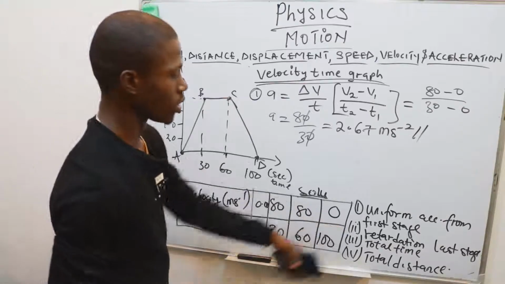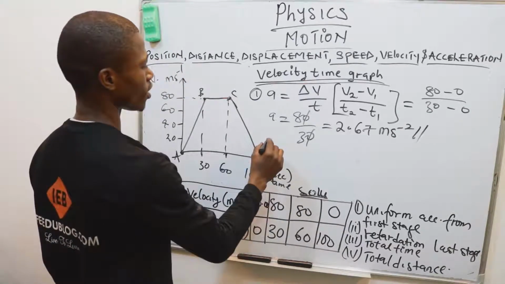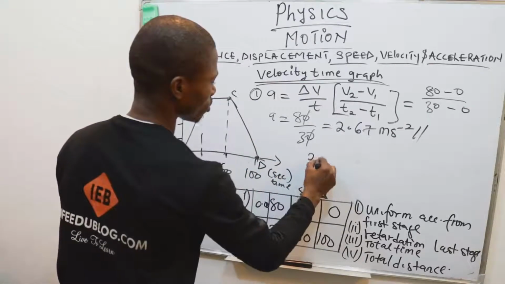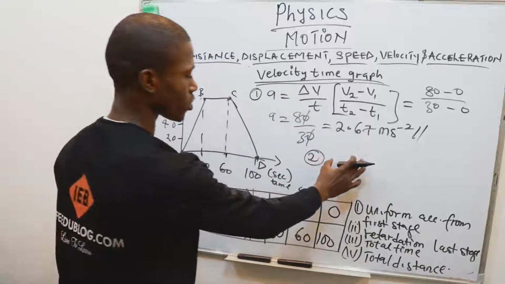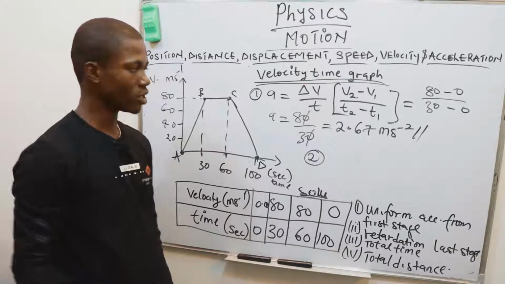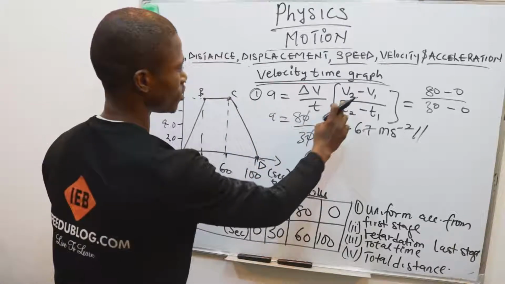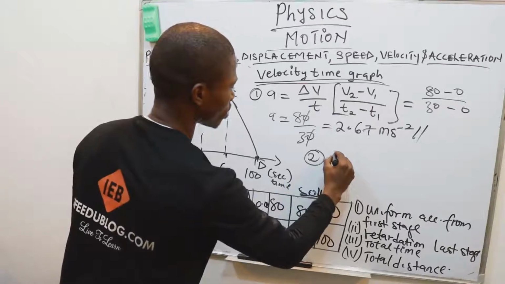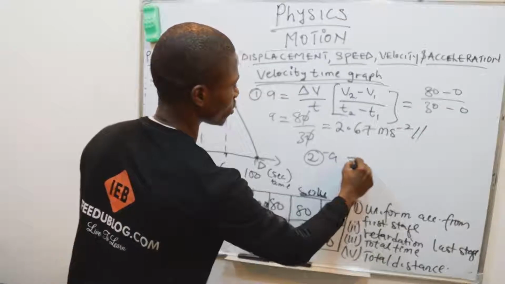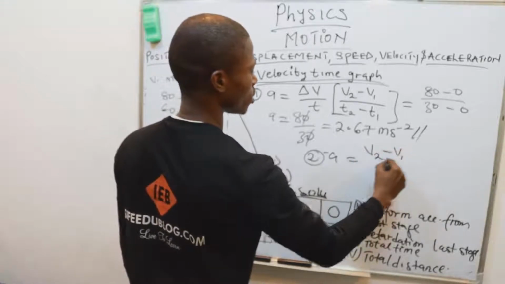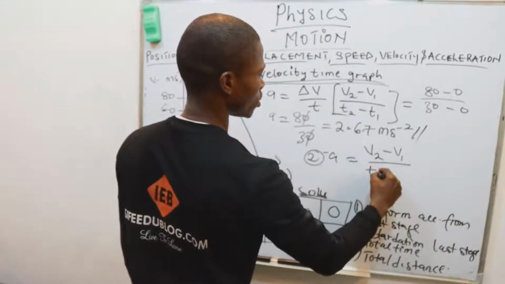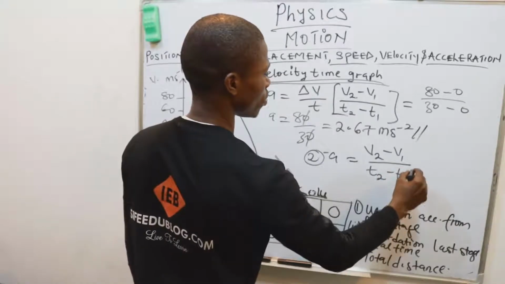We're also going to find our retardation, which is negative acceleration. The same way we did for acceleration, we are going to repeat the process for our retardation. Retardation, negative acceleration, is equal to the same V2 minus V1 all over T2 minus T1.